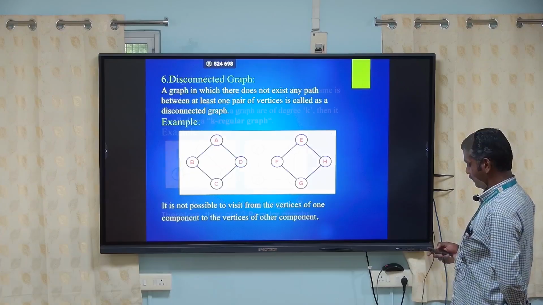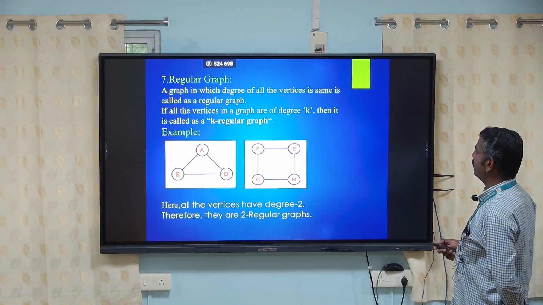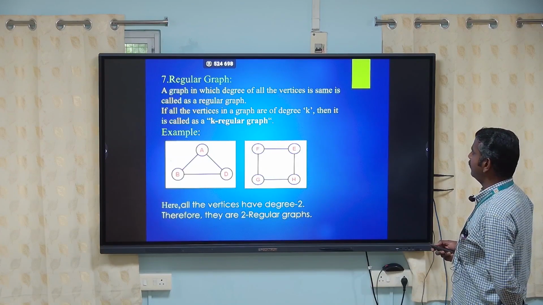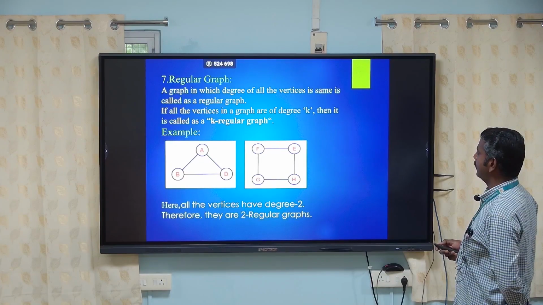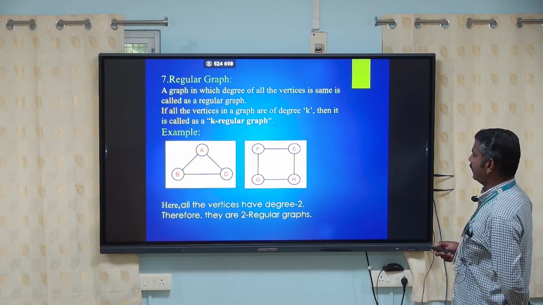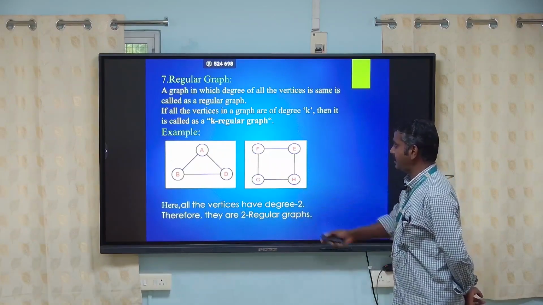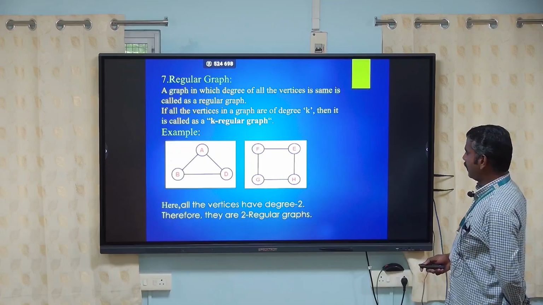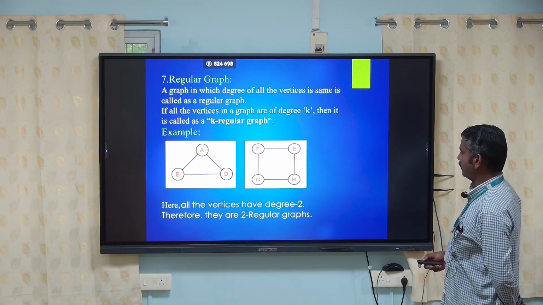It is not possible to visit from the vertices of one component to the vertices of the other component. Regular graph. A graph in which the degree of all vertices is the same is called a regular graph. If all vertices in a graph are of degree k, then it is called a k-regular graph. For example, here all the vertices have a degree 2. Therefore, it is a 2-regular graph.